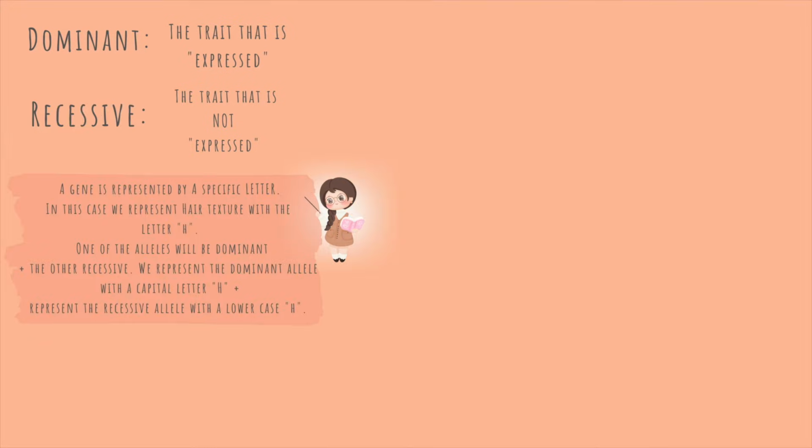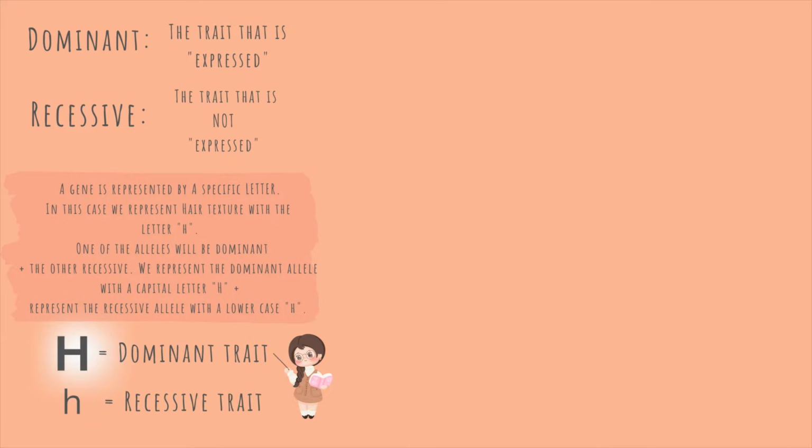A gene is represented by a specific letter. In this case, we represent hair texture with the letter H. One of the alleles will be dominant and the other will be recessive. We represent the dominant allele with a capital H, and we represent the recessive allele with a lowercase h. So here we have a capital H representing the dominant allele or trait, and a lowercase h representing the recessive allele or trait.